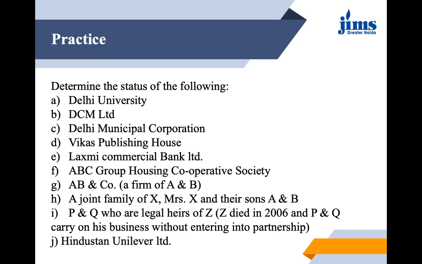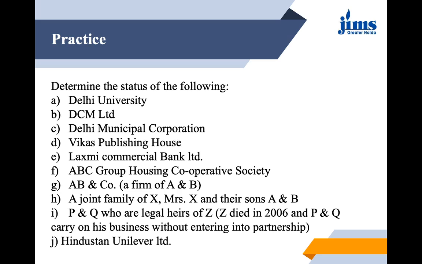AB and company, it is a firm. A joint family of X, Mrs. X and their sons A and B, Hindu undivided family. P and Q, who are legal heirs of Z, and the person died lately and they are carrying on his business without entering into partnership. So it is an association of persons. Hindustan Unilever Limited, it is a company.